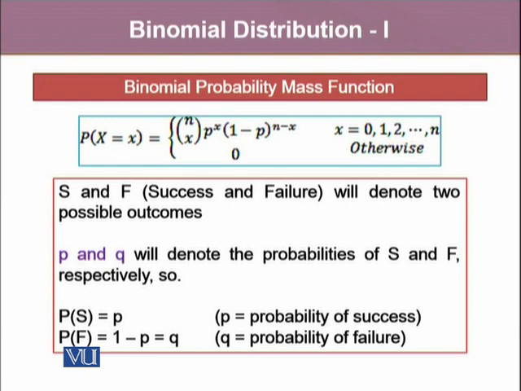One portion is exactly similar to the Bernoulli distribution. But the difference in the Bernoulli distribution and the binomial probability distributions are that Bernoulli distribution has only 1 trial, whereas in the binomial distribution there are more than 1 trials.